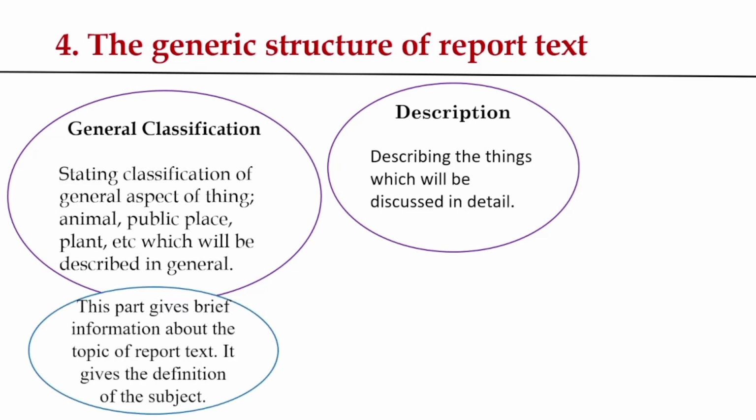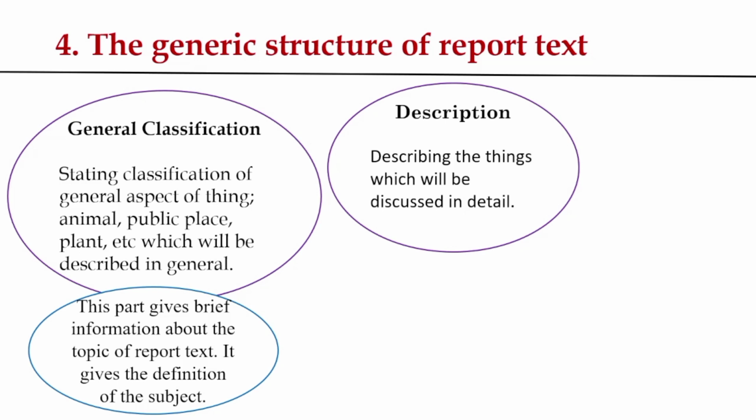Okay, in general classification, it also gives brief information about the topic of the report text, or it can also give the definition of the subject or the topic. Usually, general classification is in the first paragraph, which gives information or definition about the subject in general.